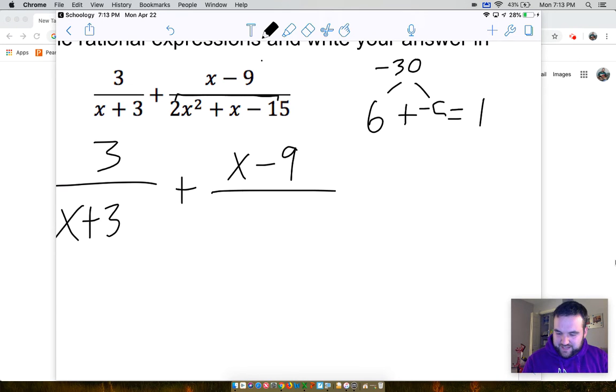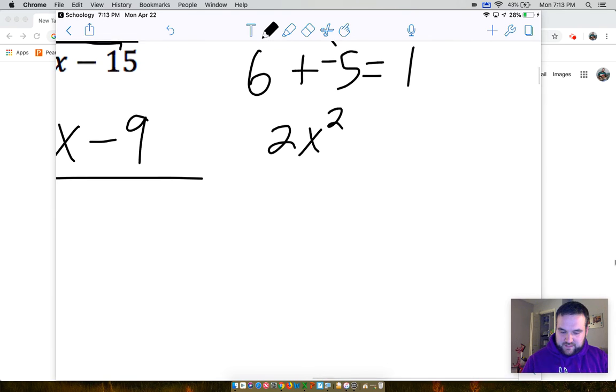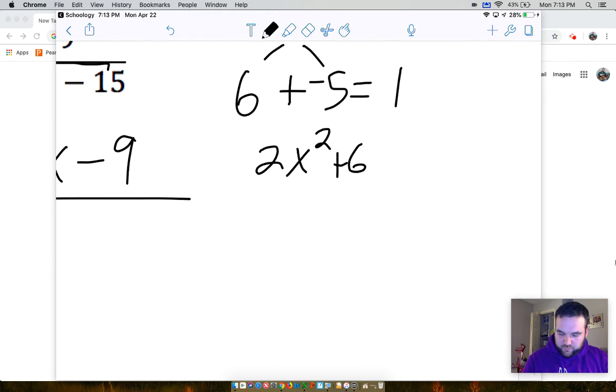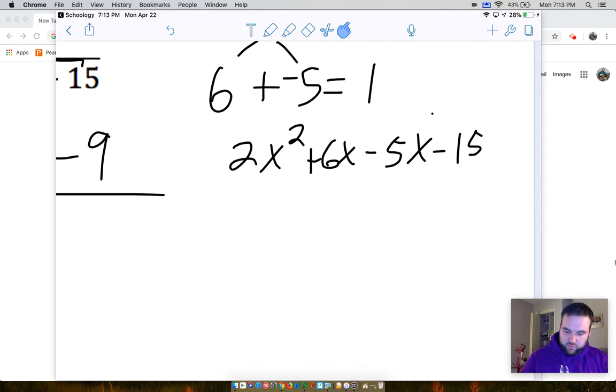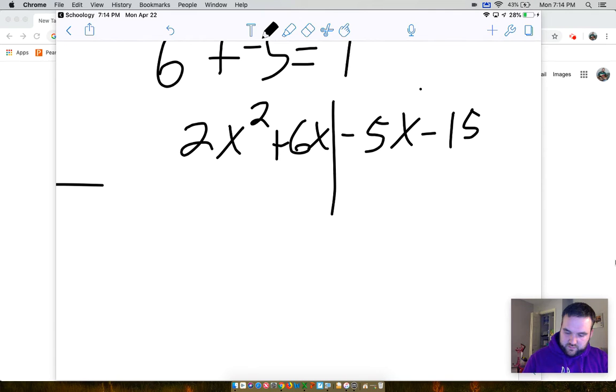Those are 6 and negative 5, which means I now take the plus x that I had and replace it with plus 6x minus 5x, and then keep the minus 15 the same. So again, all I did was replace that one term with those two terms, and now we can factor this.